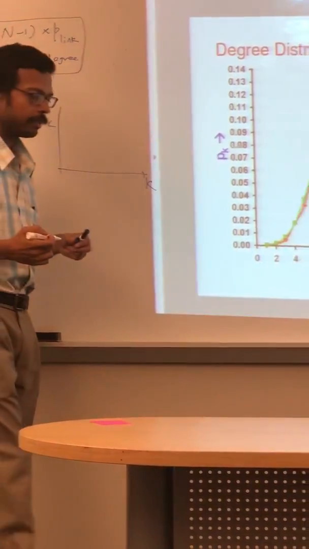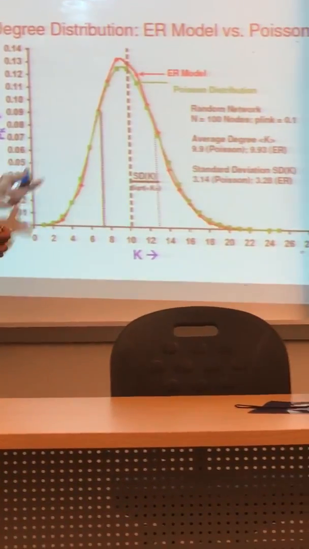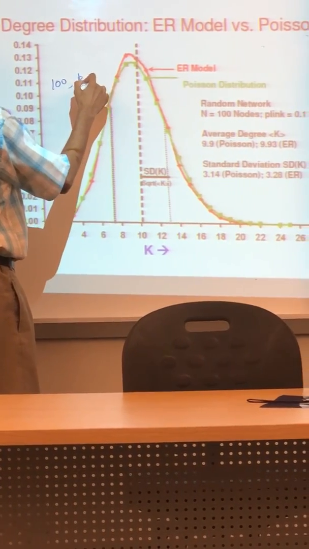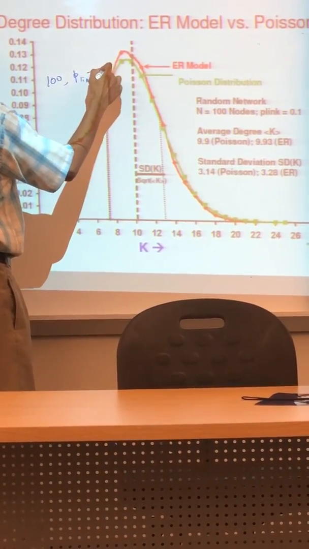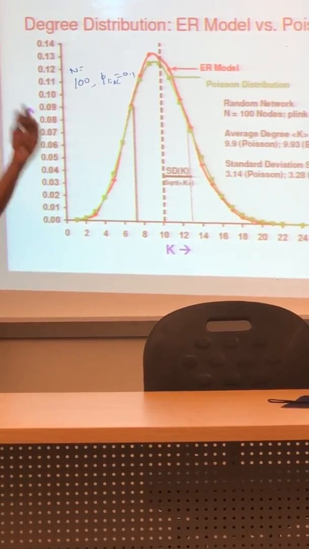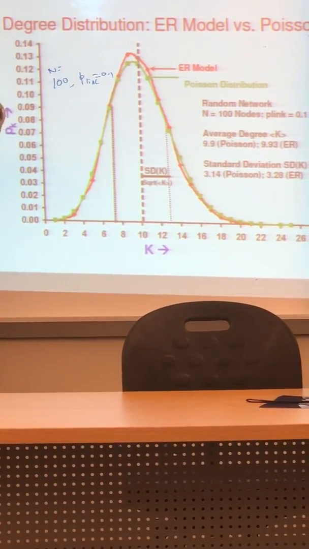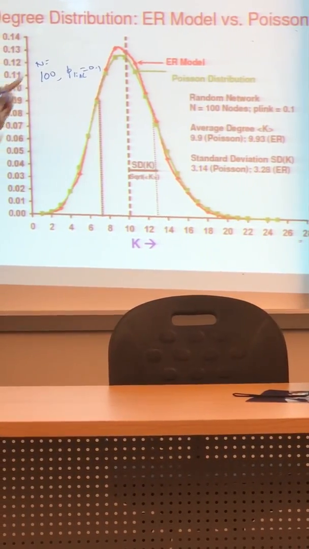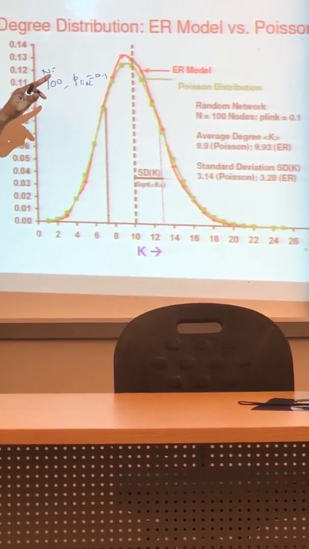So if I do that for the random network of, say, 100 nodes and the p-link is 0.1. Okay, so I created a random network based on the procedure which I just explained. Just write down all pairs, generate random numbers. If it's less than or equal to 0.1, there's an edge between them, and so on.